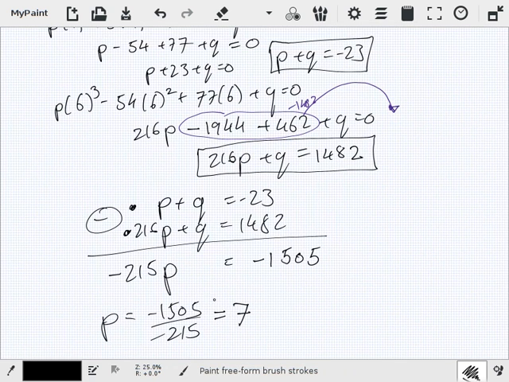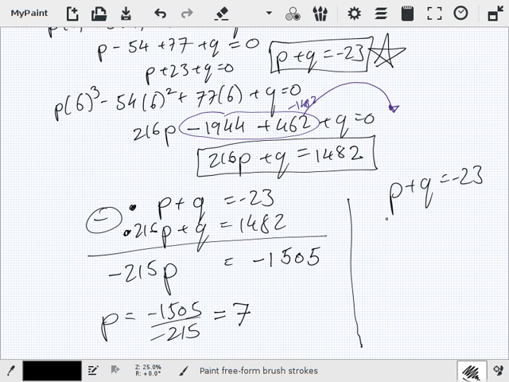Right, what would be the easiest equation to use to get the q, Abir? P plus q, definitely this one. P plus q equals minus 23.